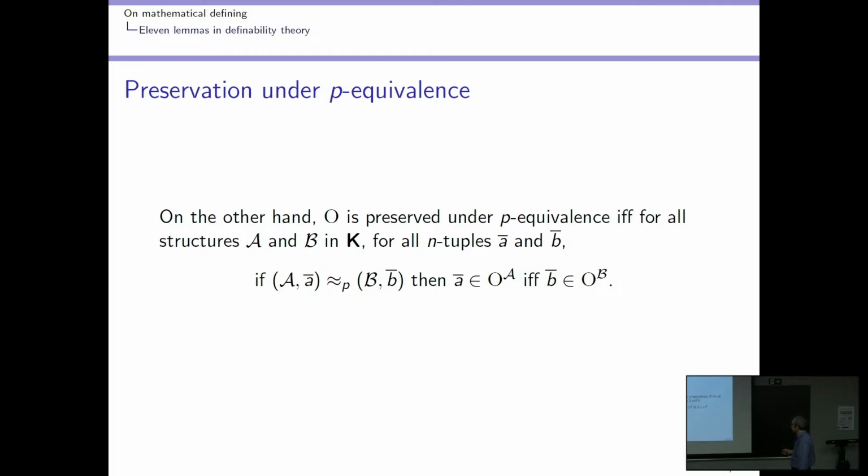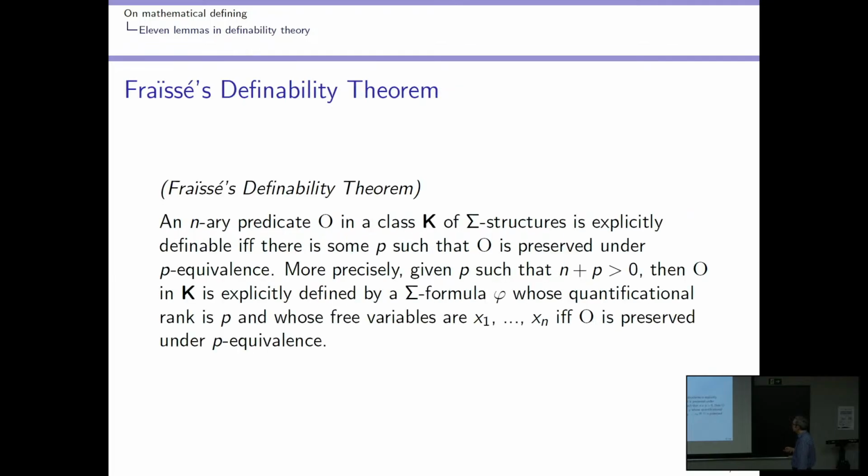And then you look if this equivalence holds, so for all A bar and B bar. So this is in principle an intrinsic feature of the predicate. And so this answers the definability question. So O is definable if and only if it is P invariant.